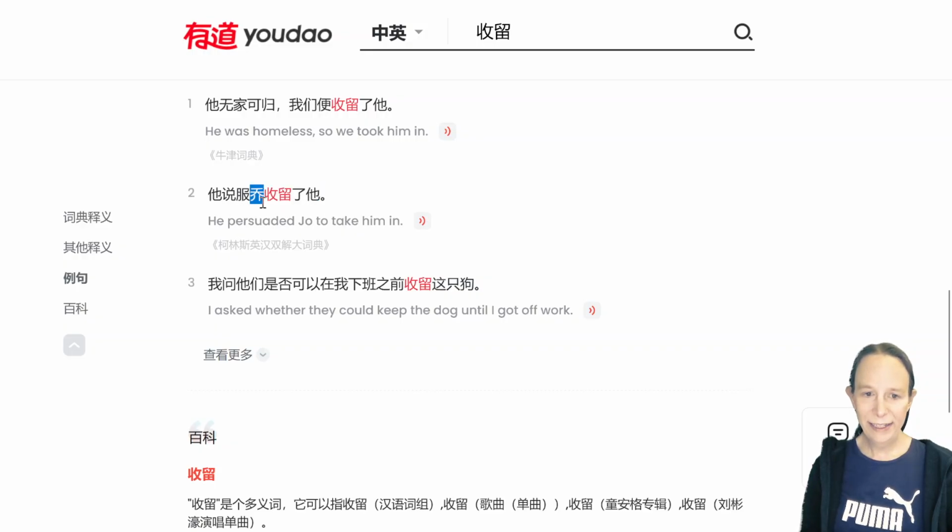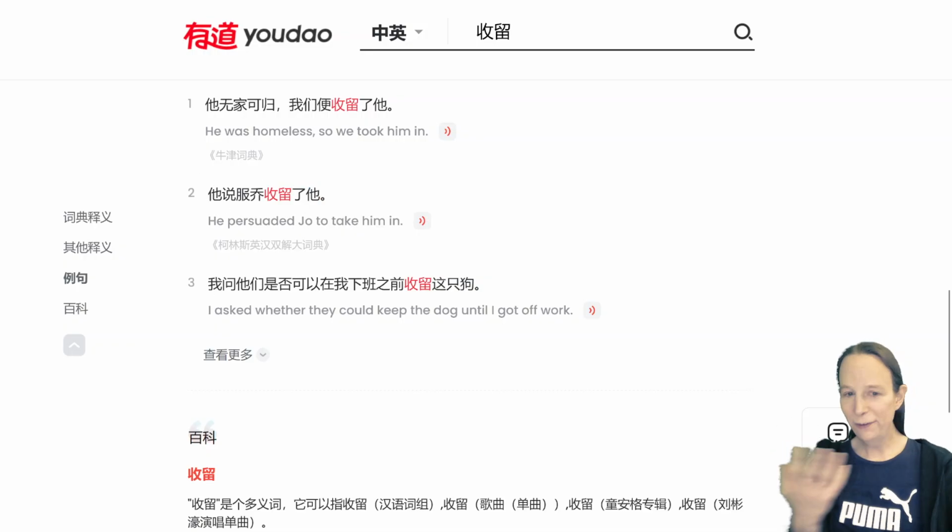He persuaded this person to take in, this ta could be this ta, but it could also be another ta. Presumably, if it was a third person, they wouldn't repeat the same pronoun, but you have to trust that the author will not make that mistake.